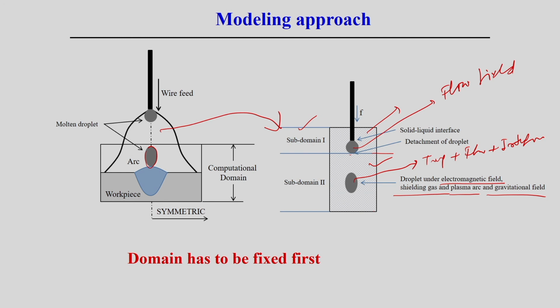Within that, this domain is transported to the workpiece, so we can predict the free surface profile using this domain. But here, we can look into the heat transfer analysis as well as the fluid flow analysis for this domain, because this is already in a molten state.